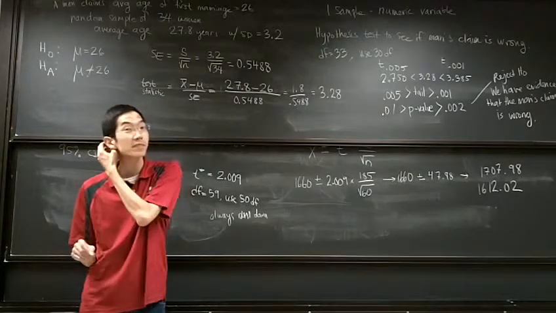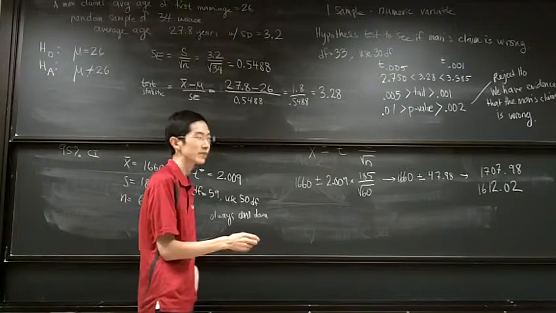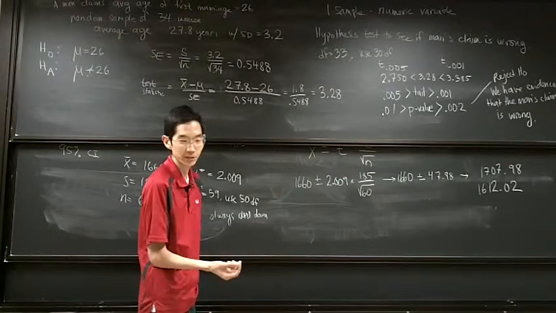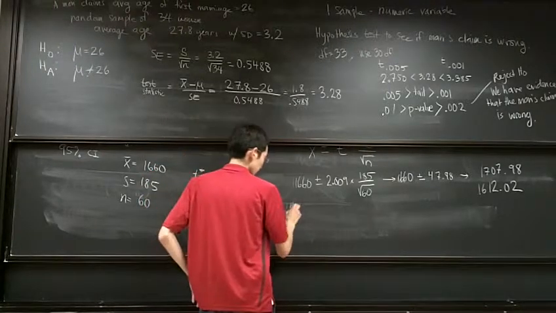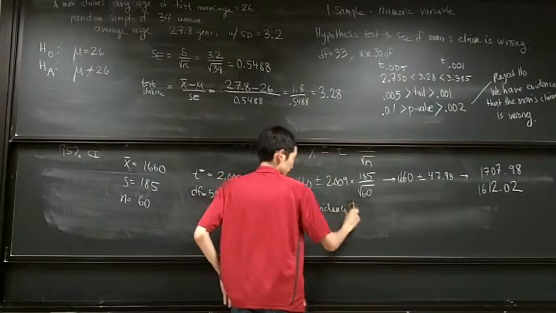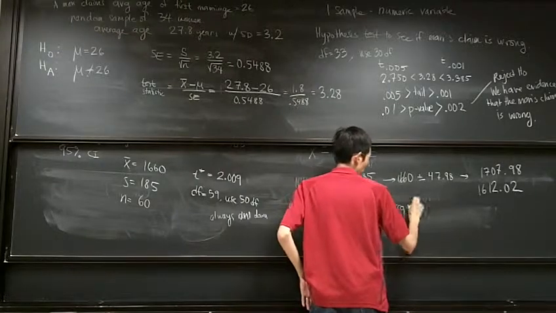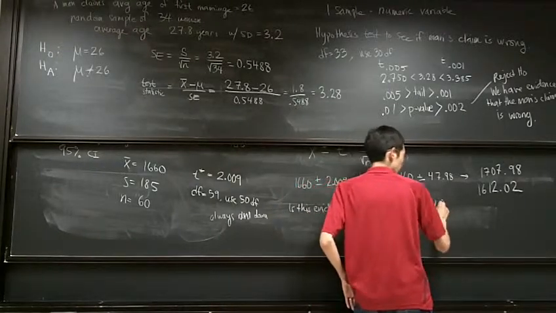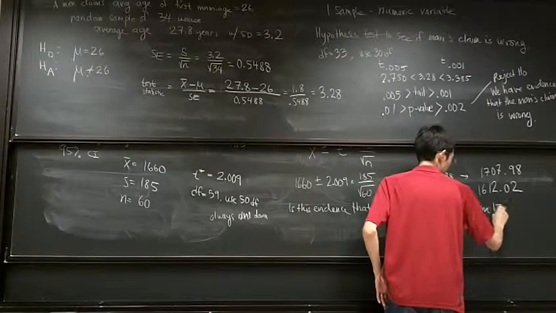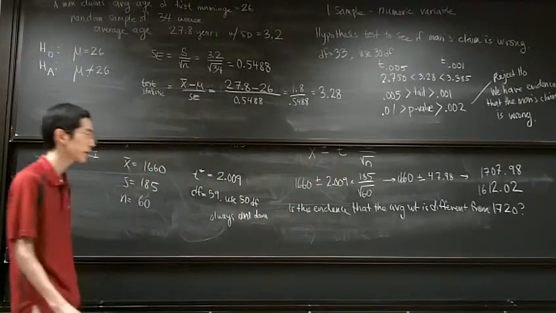Is that okay? And then part B, the second part said, is this evidence that the average weight is different from 1720? What's our answer?